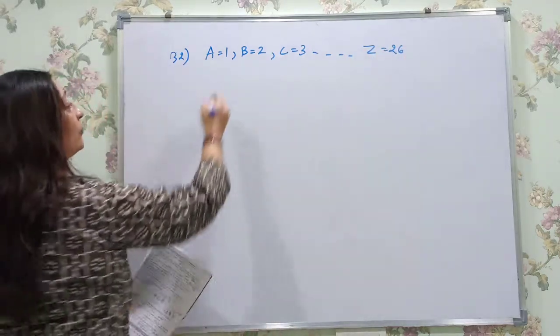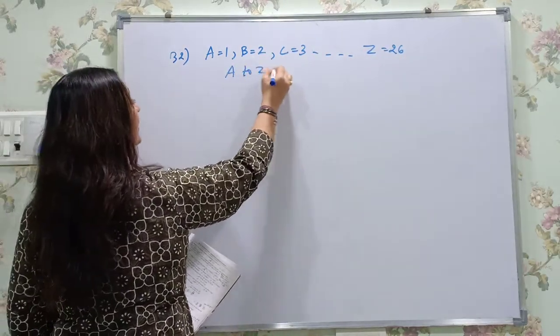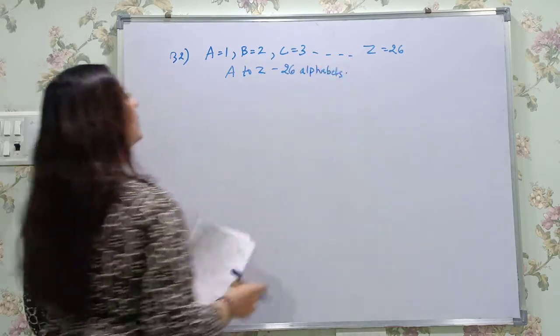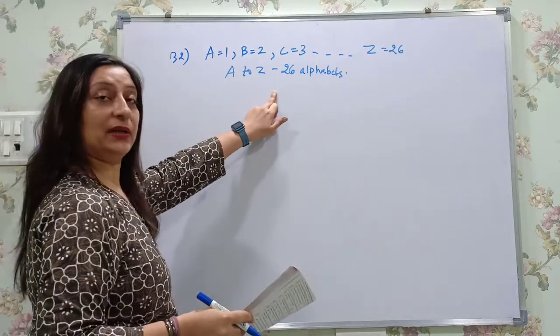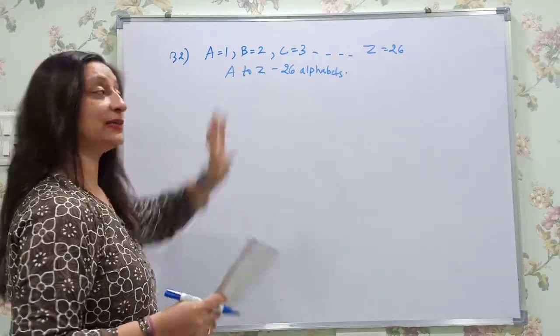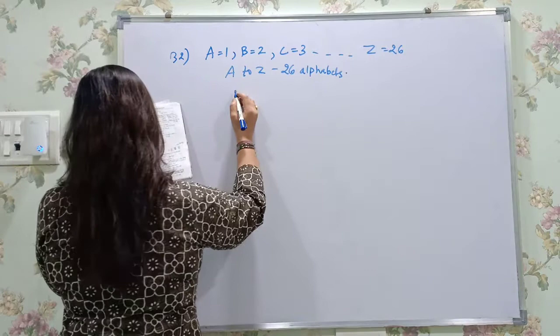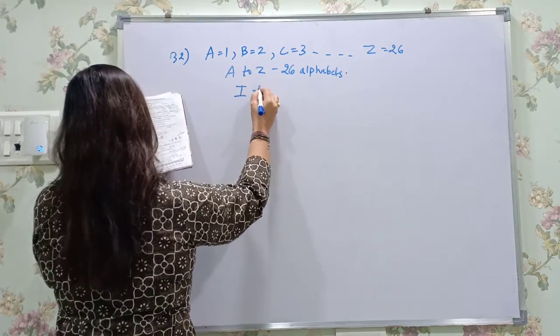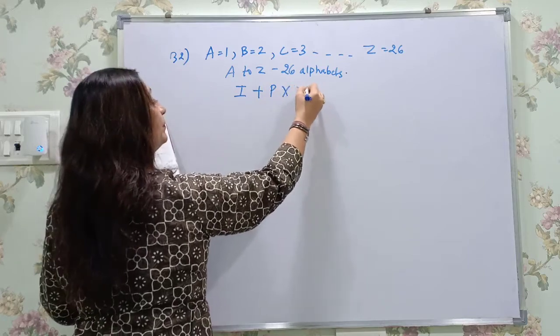Now kids, you know that from A to Z there are 26 alphabets. Okay. Now A is 1, B is 2, C is 3, D is 4, like that. Z is 26. So what would be I plus P into M?